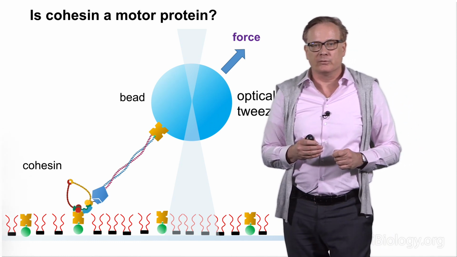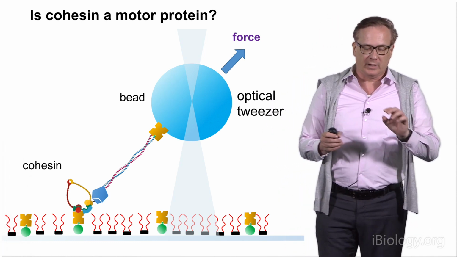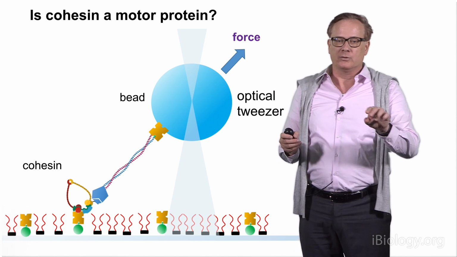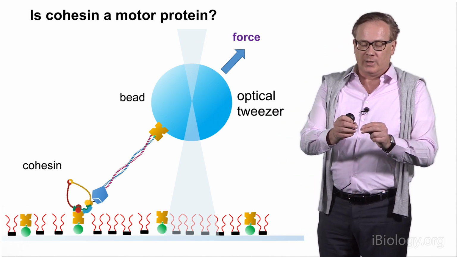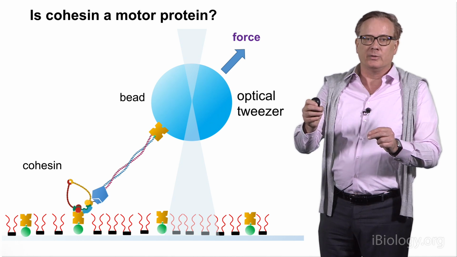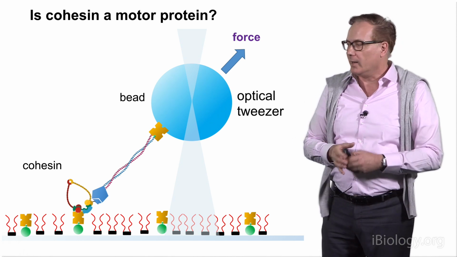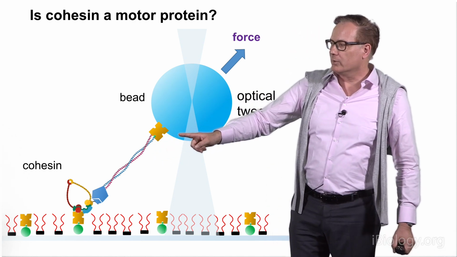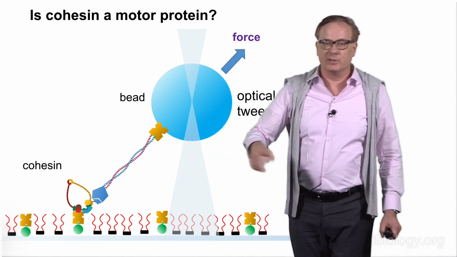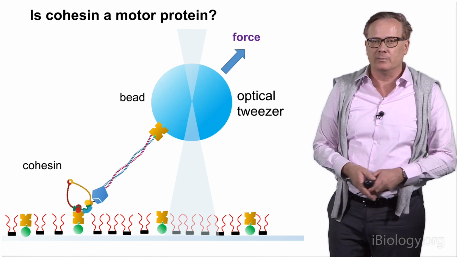This evidence comes from experiments in which we have tethered cohesin to a glass surface with one of its subunits, and then connected one of the other SMC subunits to a long handle, a coiled coil, which again is connected with a bead, the position of which can be controlled by a laser beam.